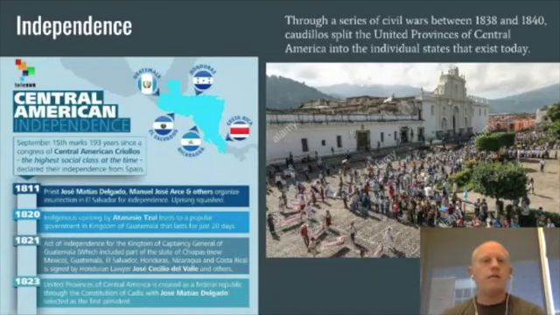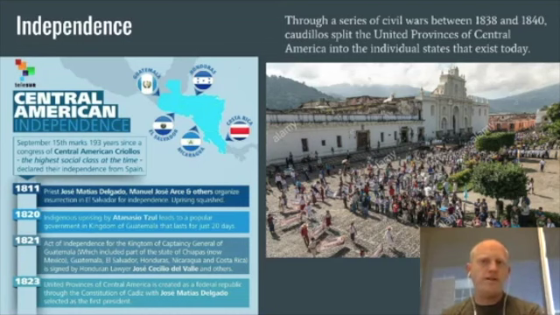Just briefly, Guatemala gained its independence along with Mexico in 1821 and along with the rest of Central America that same year. Guatemala was not yet an independent nation in 1821, although Independence Day is still celebrated on September 15th, which was that early date for independence when the United Provinces of Central America were created.